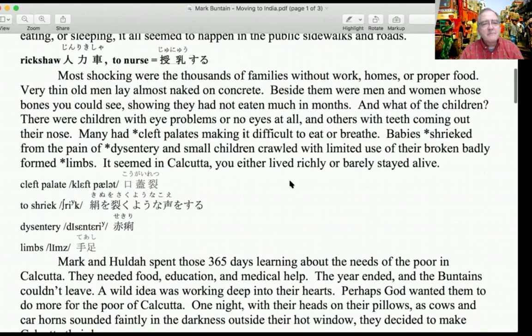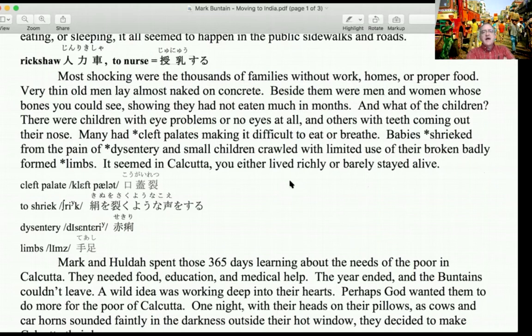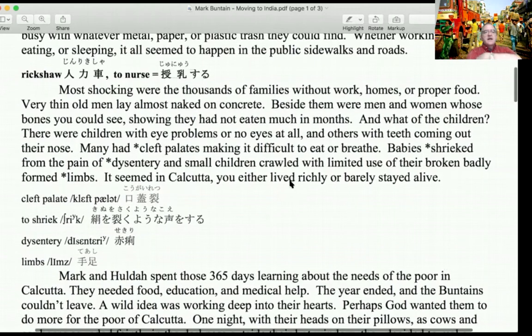Most shocking were the thousands of families without work, homes, or proper food. Very thin, old men lay almost naked on concrete. Beside them were men and women whose bones you could see, showing they had not eaten much in months. And what of the children? There were children with eye problems or no eyes at all, and others with teeth coming out their nose.